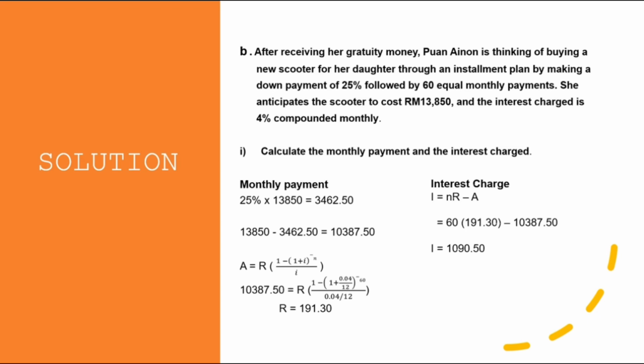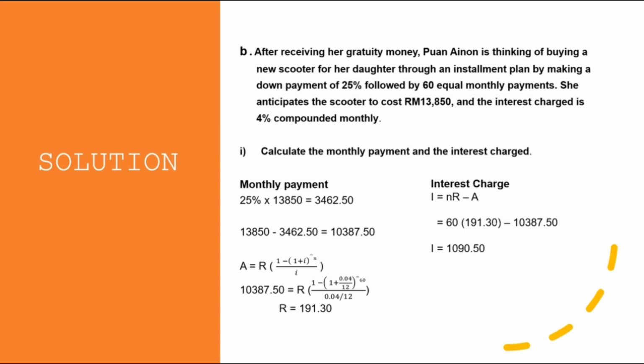Using this formula, we can conclude 10,387.50 equals R times 1 minus 1 plus 0.04 over 12 to the power of negative 60, over 0.04 over 12. R, or the monthly payment, is equal to 191.30.